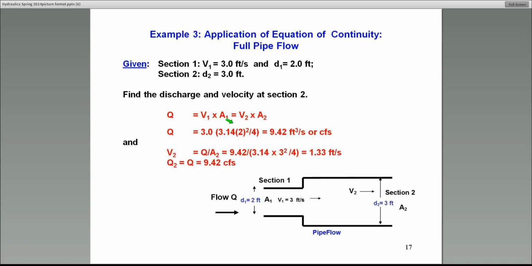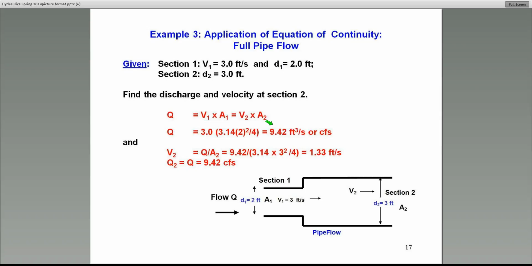Please be very careful in this computation, because many problems give you the diameter in inches. They never give it to you in feet. For example, in this problem, the diameter at D1 typically would be a 24-inch pipe. So you have to convert that to feet before you do this calculation, because feet is the consistent unit. And in this case, the Q is 9.42 CFS.